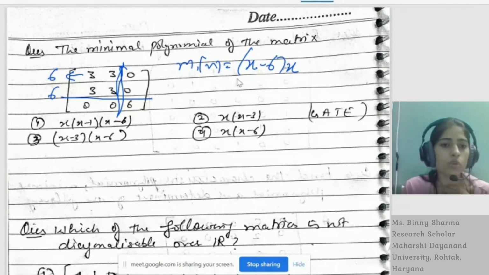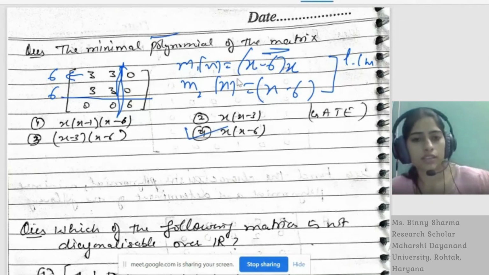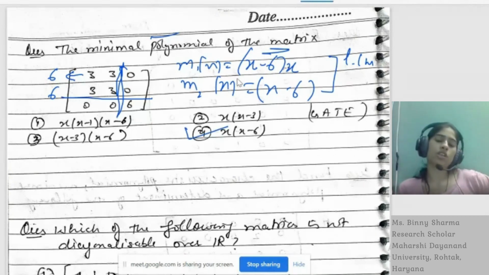So one eigenvalue will be 0. So m1(x) will be (x minus 6) into x, and m2(x) will be x minus 6. Now just by taking the LCM, we get the minimum polynomial of the matrix, that is x into (x minus 6). Okay, the fourth option is correct.